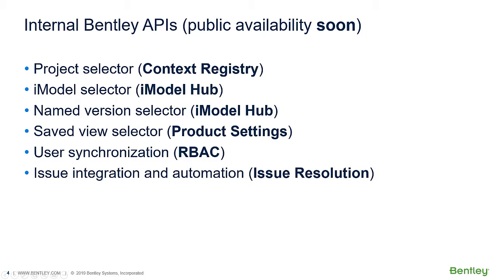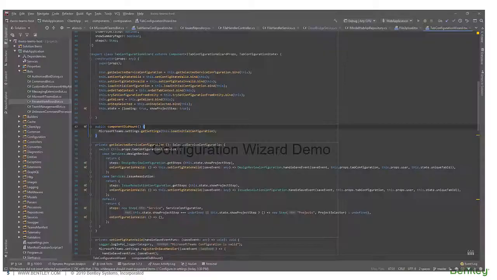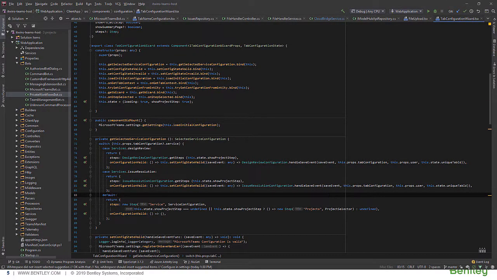All right, so let me show you the code that is behind the scenes of all of this configuration wizard. As I mentioned, when we initially wrote this, we tried to make it reusable for any services that we integrate in the future.